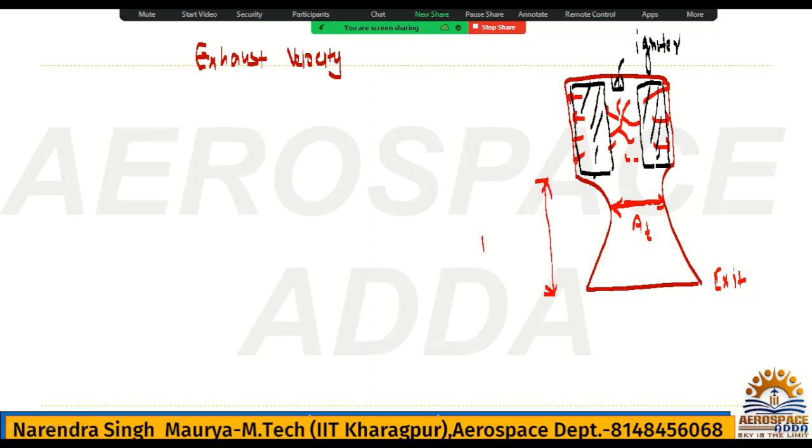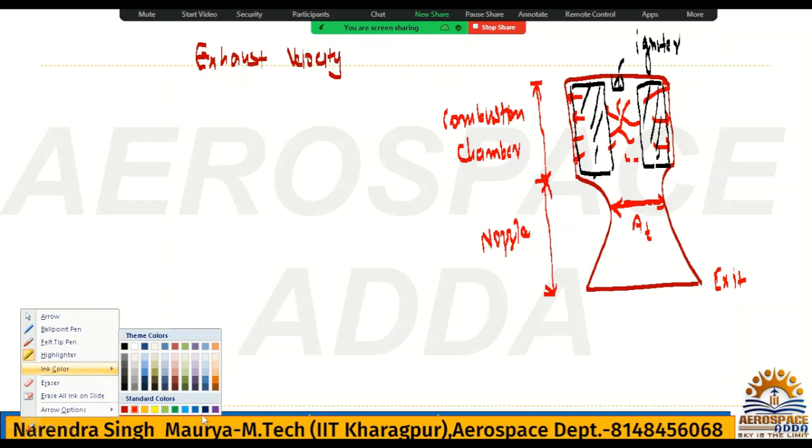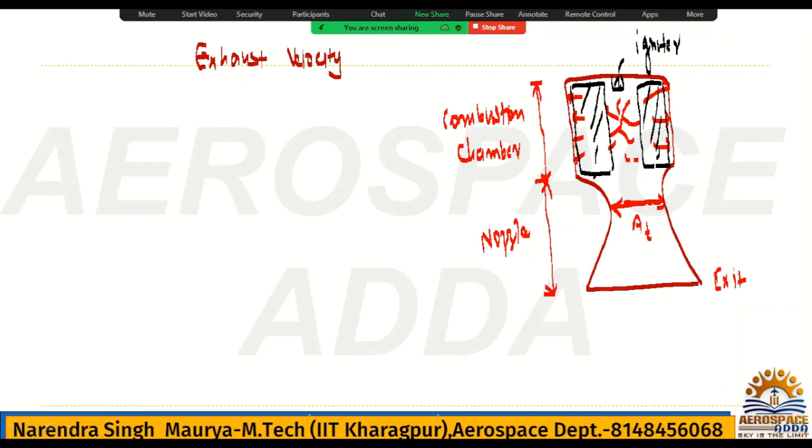You should be clear about the nozzle and the combustion chamber. This is the combustion chamber. Whatever pressure is developed here is PC, and whatever temperature is developed here is TC.